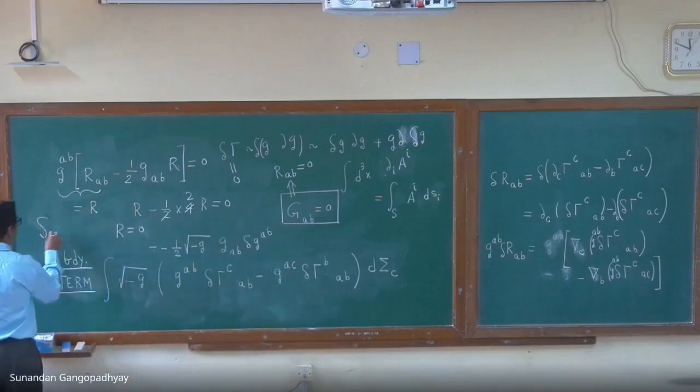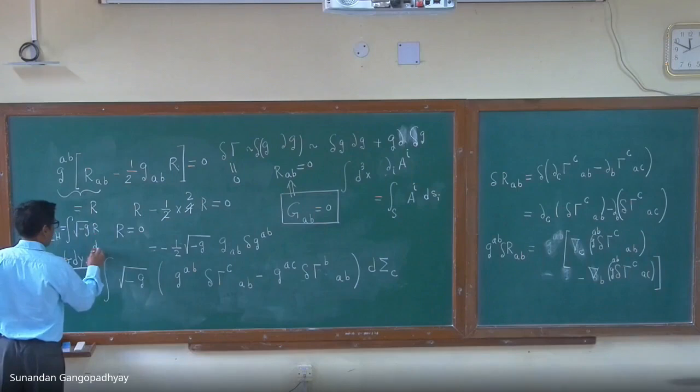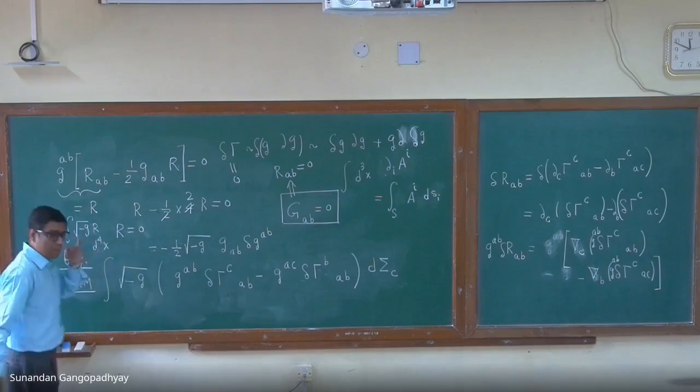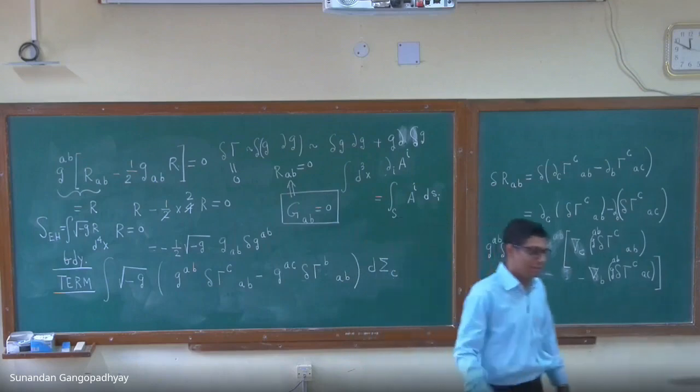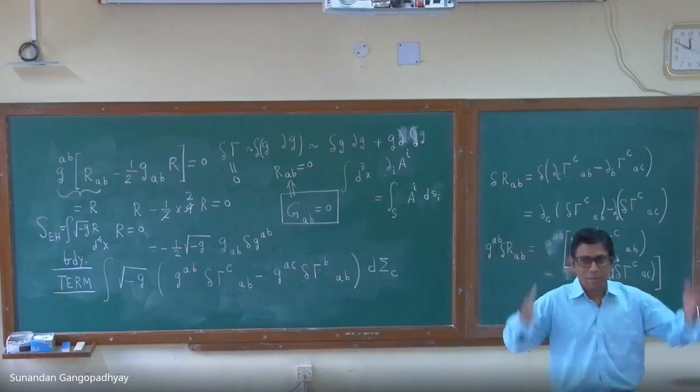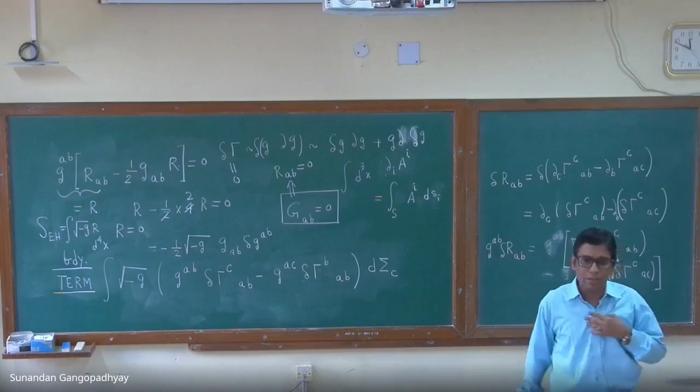We started with the following action. This is the famous Einstein-Hilbert action. Mind you, Hilbert wrote this. He was a great mathematician, considered to be one of the greatest mathematicians of the 20th century.